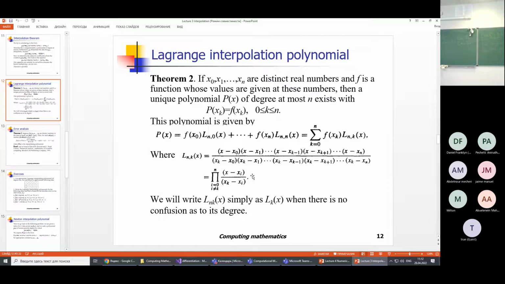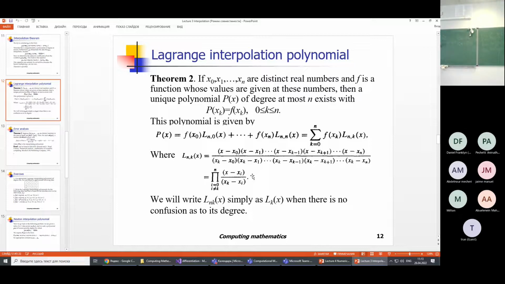How can we simplify it? We can use the notation h as a distance between points. If h is the distance between x1 and x0, how can I rewrite this product?